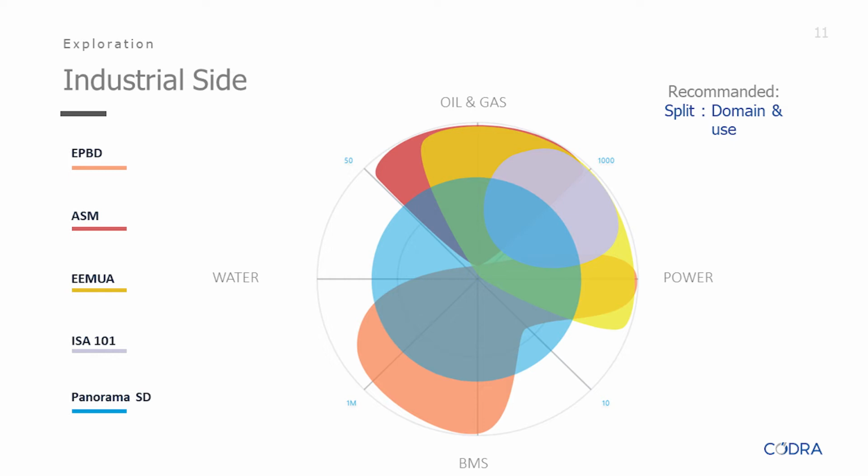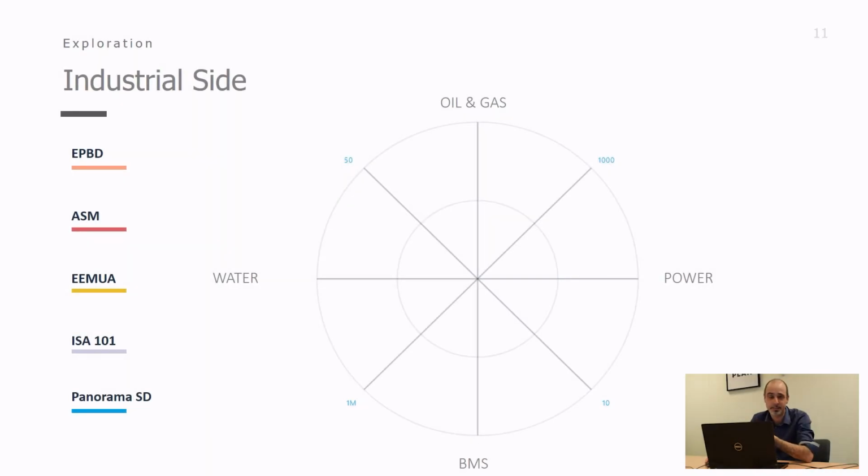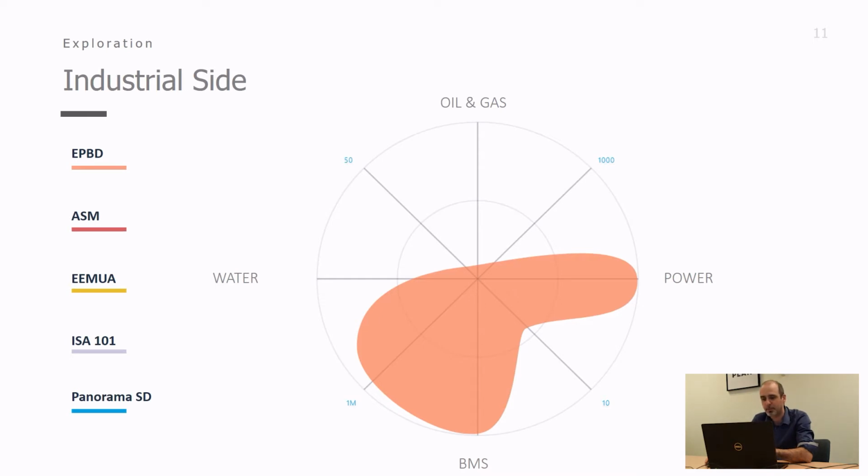This radar is an animation between the regulations and recommendations versus domains and size of the installations. We are dealing with some standards like EPBD, which deals with power, energy consumption, and the building management system, and also big-size applications and buildings.